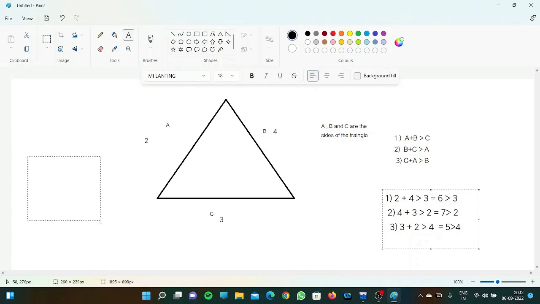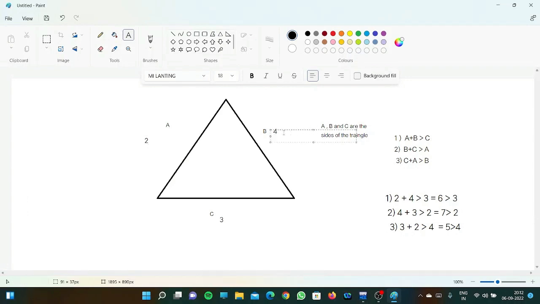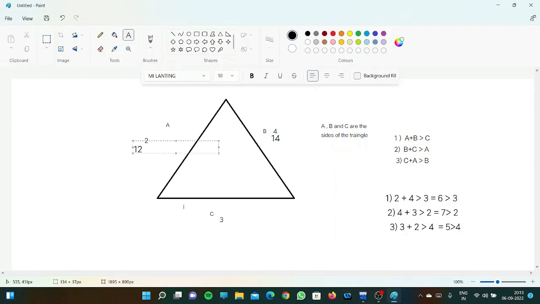Now let's take an example where the triangle is invalid. So let's take this side as 14, right? And let's remove this 4. Just imagine the side is 14. Here the side is 12. Here the side is 3. No, just here the side is 2.